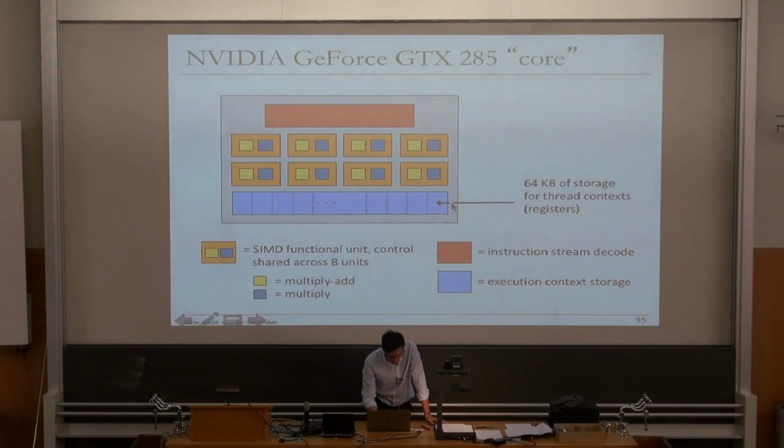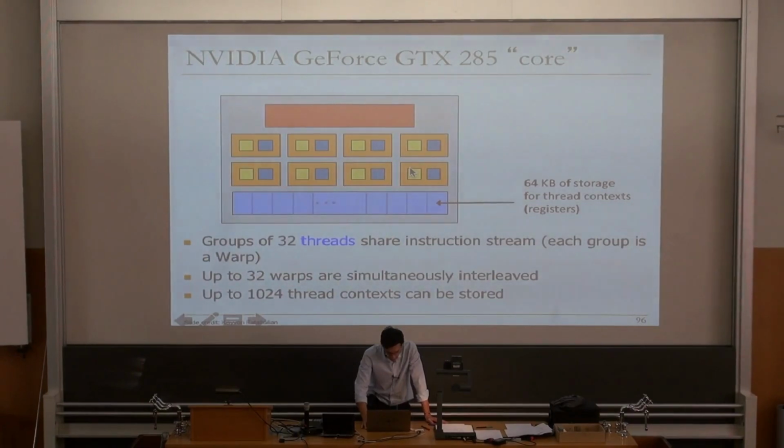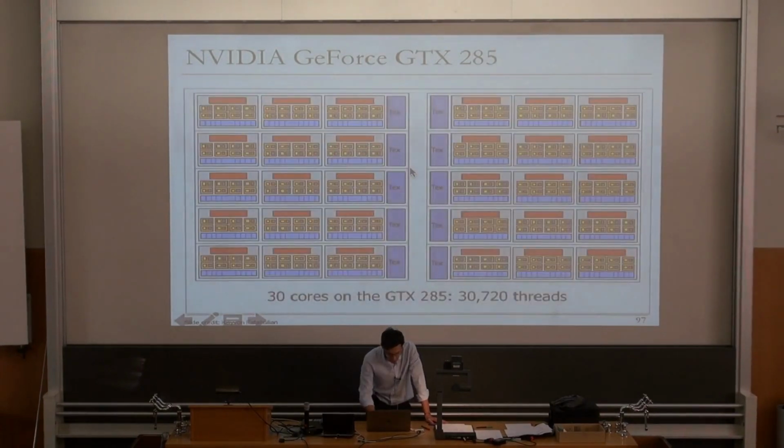We also have this on-chip storage, these registers that will later be partitioned among all the available lanes for the different threads. Here you can see the complete big picture of the entire GPU.